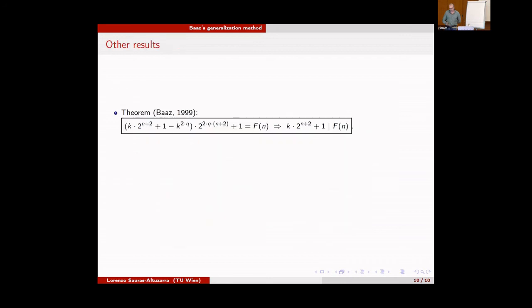And other results of this kind. The pioneer one was by Baaz in 1999, and it says that if we are able to solve this Diophantine equation in Q, then we can ensure that our candidate is going to be a prime factor. So we have K and N known as input because we are checking candidates.